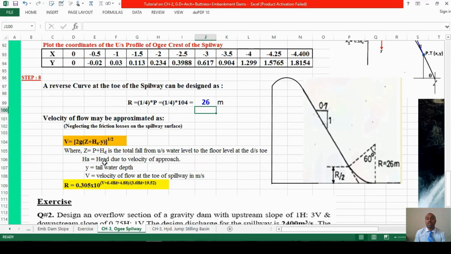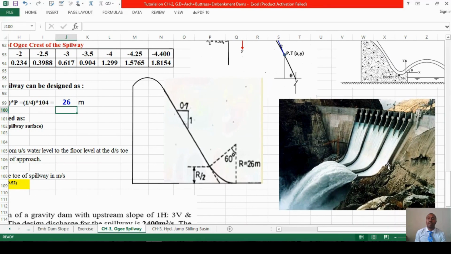Ha is the head due to velocity of approach, y is the tail water depth, and v is the velocity of flow at the toe of the spillway in meters per second. Once you get this velocity, then the reverse curve radius R can be calculated. You make this a bucket type or curved reverse curve, and the flow will dissipate its energy in the downstream part.